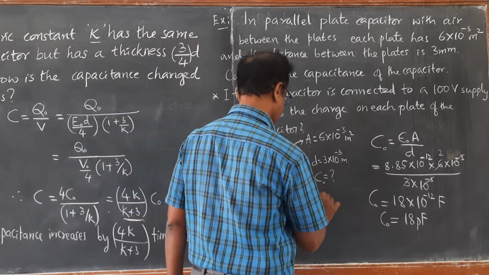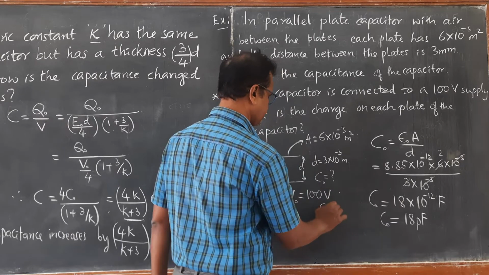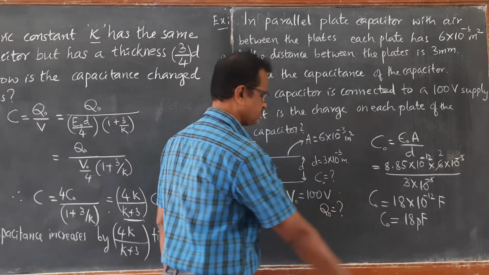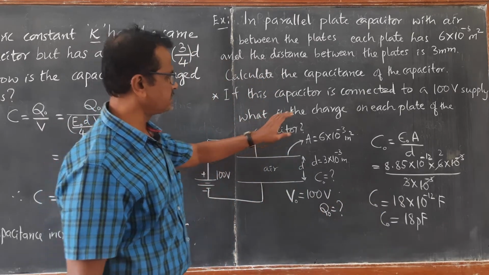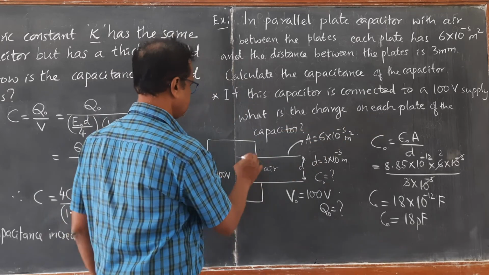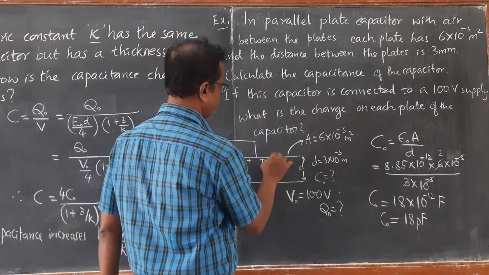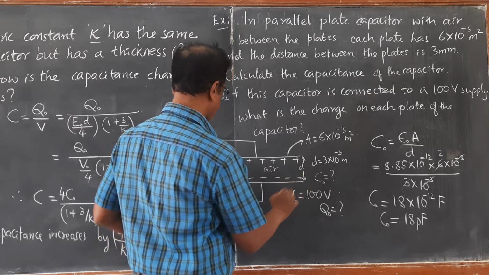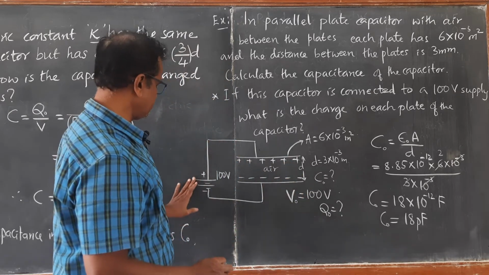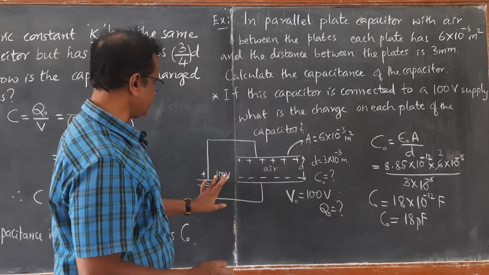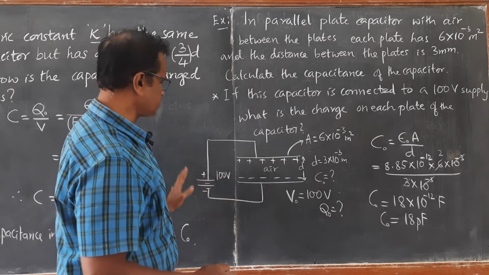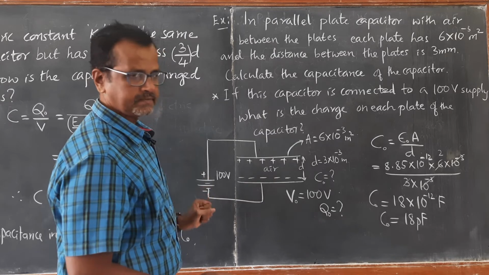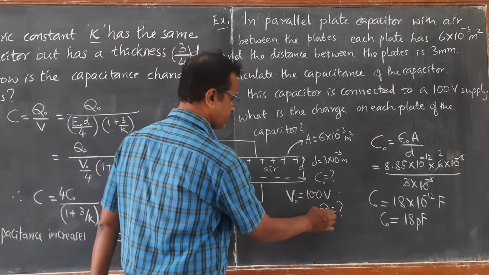V naught is equal to 100 volt. What is the value of the charge on each plate of this capacitor? After connecting the capacitor to a battery, the charging of the capacitor takes place, and this process is called charging of the capacitor. So, what is the value of Q naught?